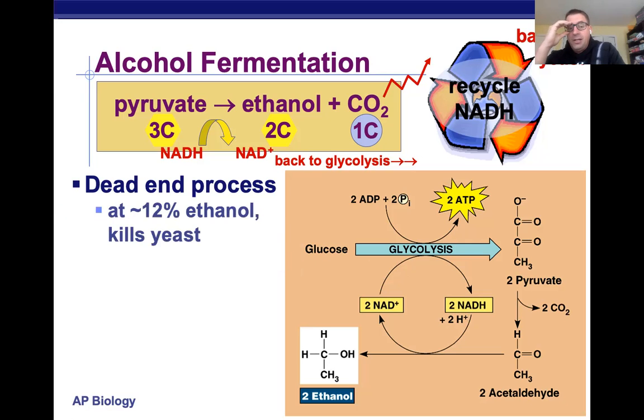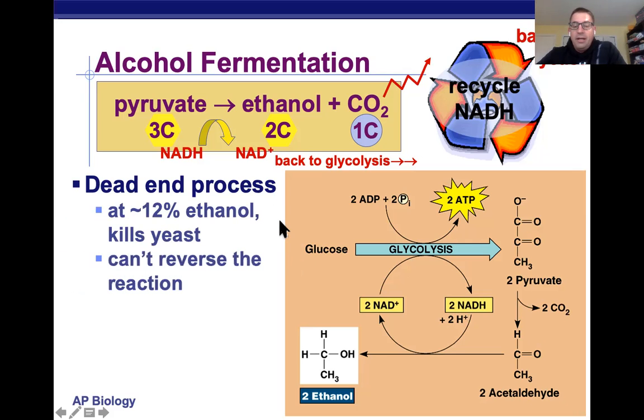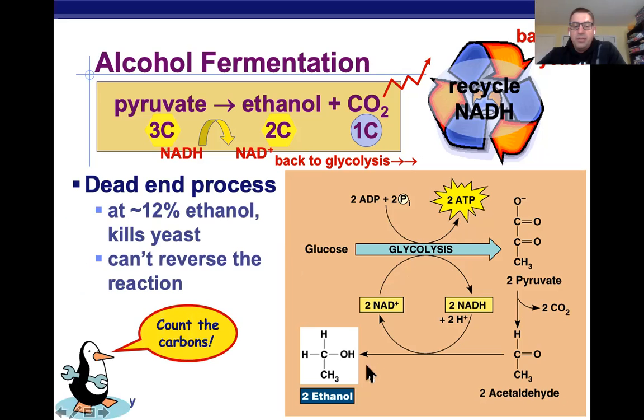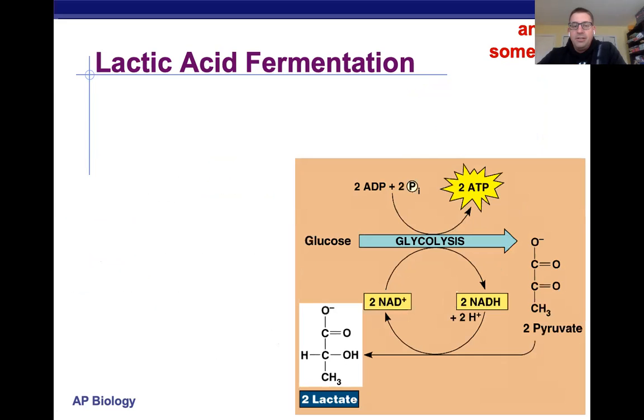This, however, is a dead-end process because if the ethanol builds up to too high of a concentration, that will kill the yeast and bacteria that generate it. And this reaction cannot be reversed. We can't take this ethanol and convert it back into pyruvate. Okay, so that's what happens in some bacteria and yeast.